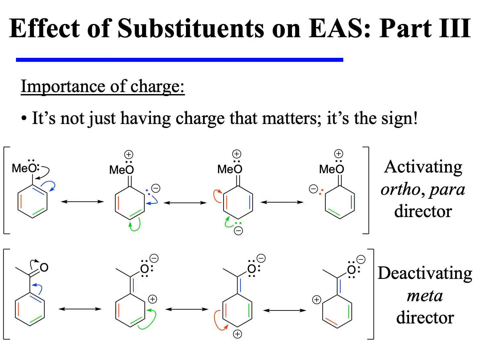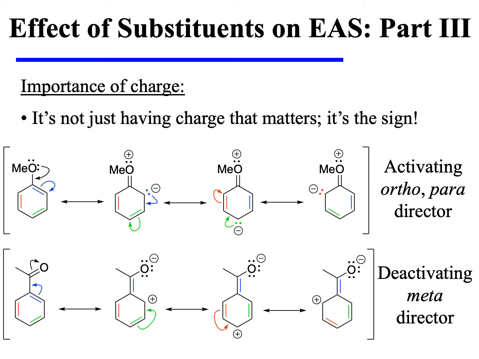It is extremely important to be clear about the significance of charge. It is not simply having a charge that matters. It is the sign of that charge. On this slide, we see the resonance forms of anisole first and acetophenone second.